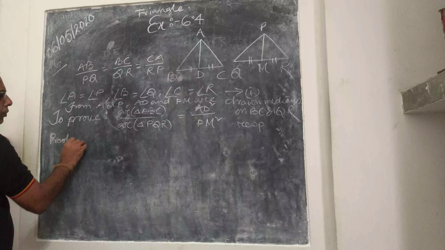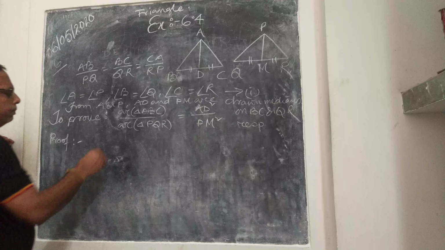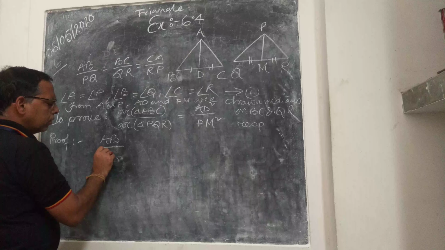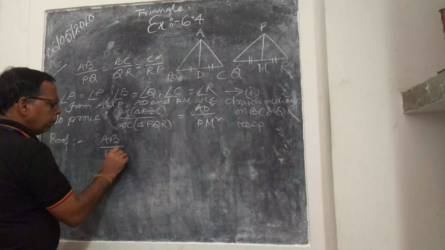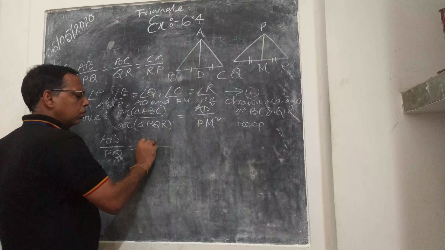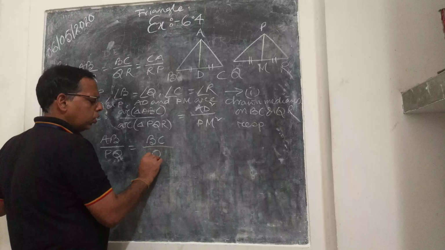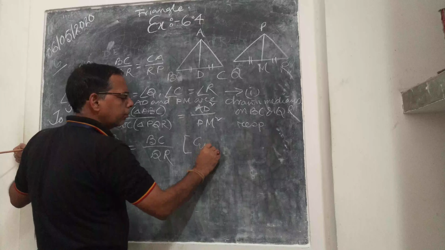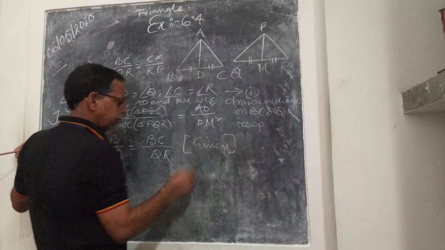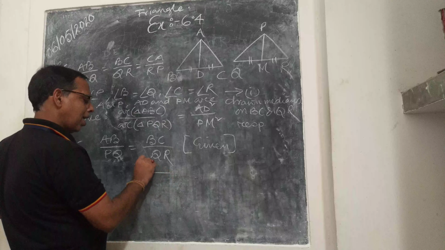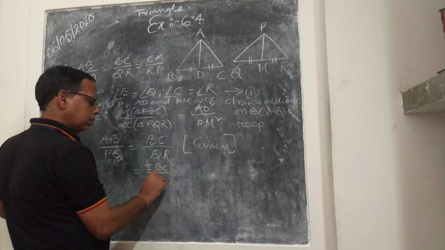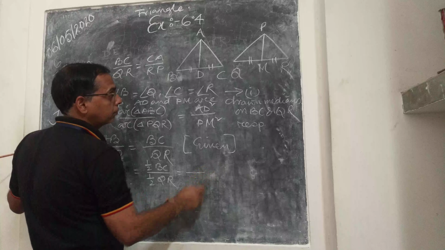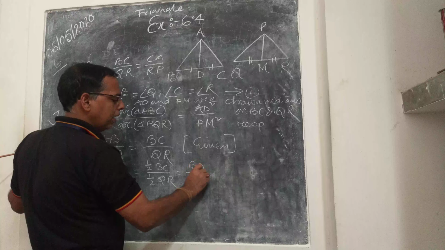What is the proof? First of all, AB by PQ equal to BC by QR, given. Yes or not? Equal to half BC by half QR, equal to BD by QM.